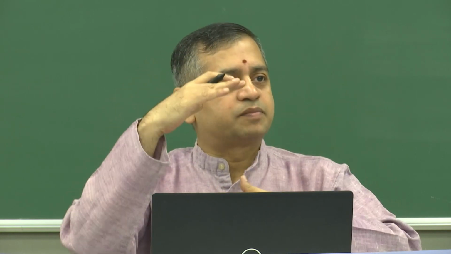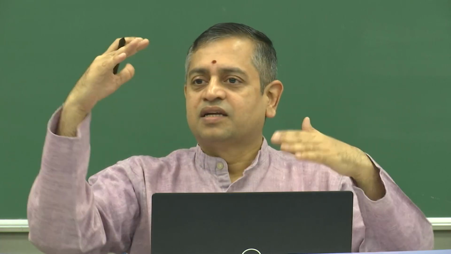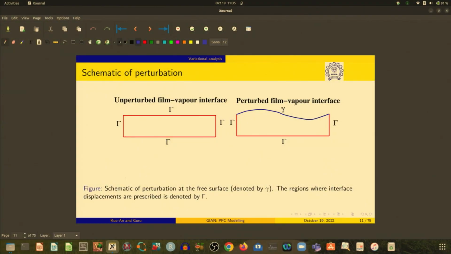In the initial unperturbed film, all surfaces are capital gamma, which means I know the displacement. They cannot have any displacement, they have to be bounded by this. And on one of the sides I allow for changes to happen on the surface, and that is called a free surface.